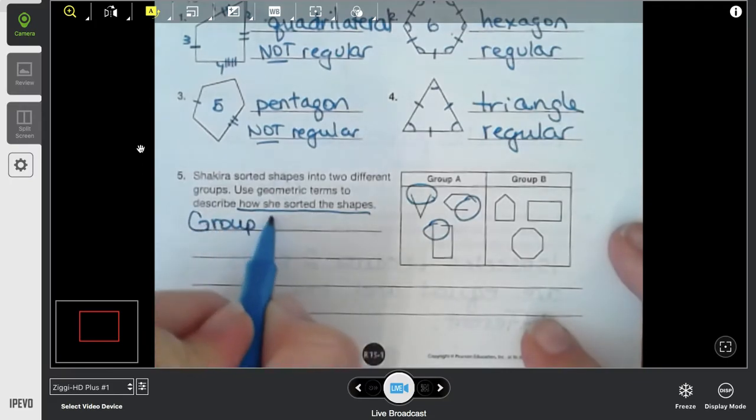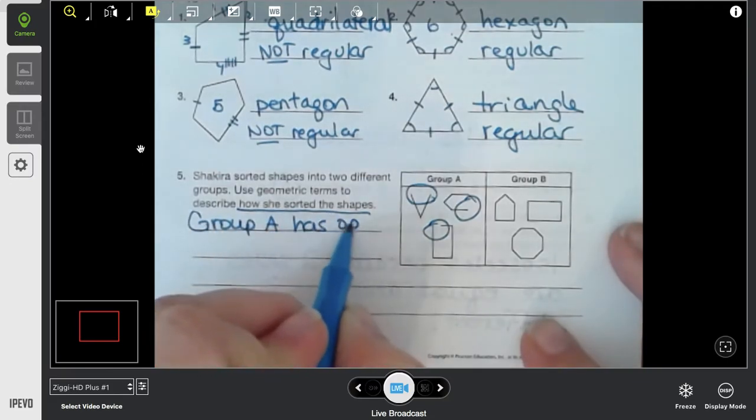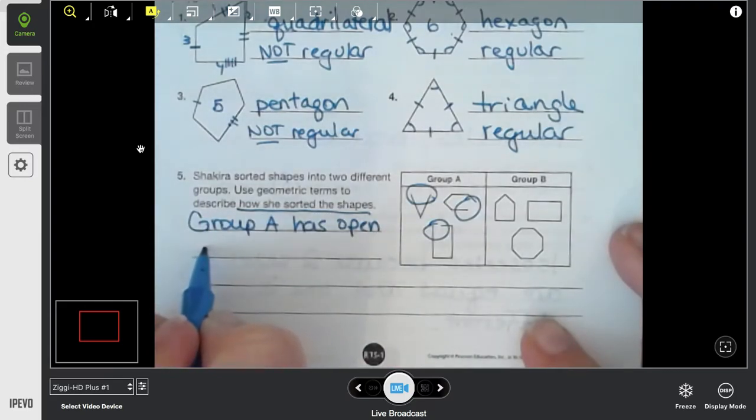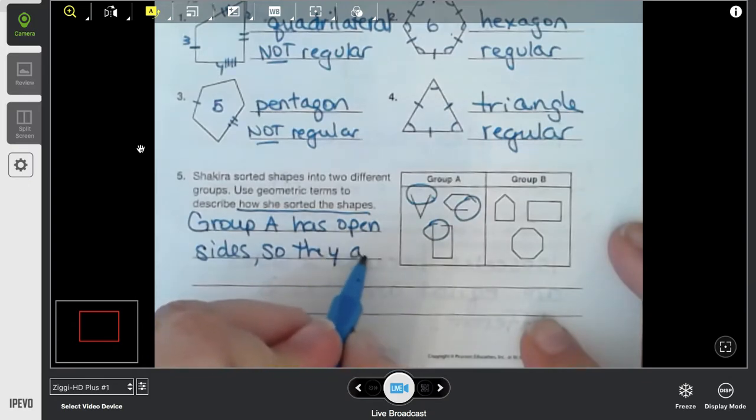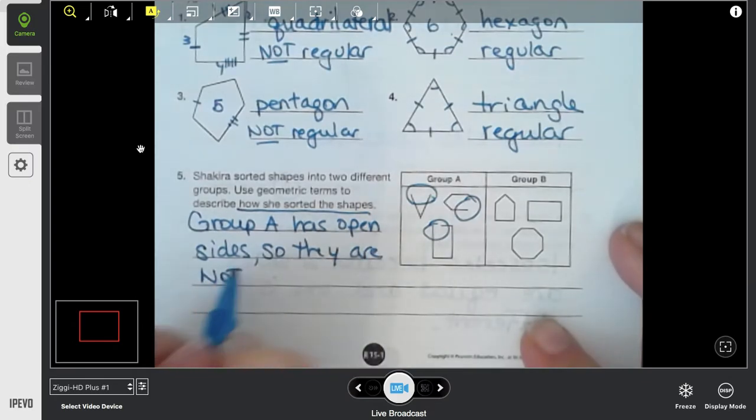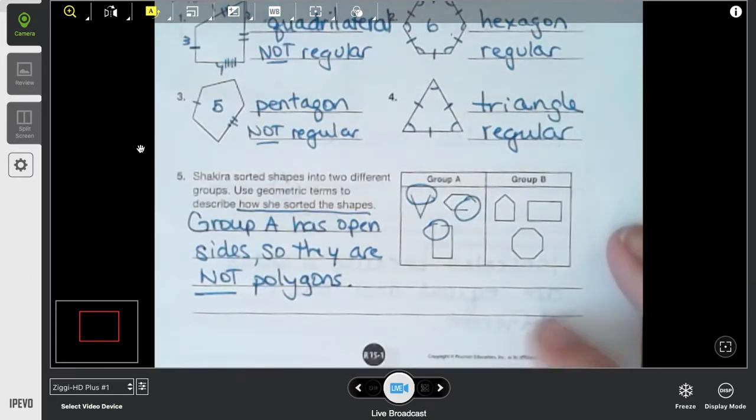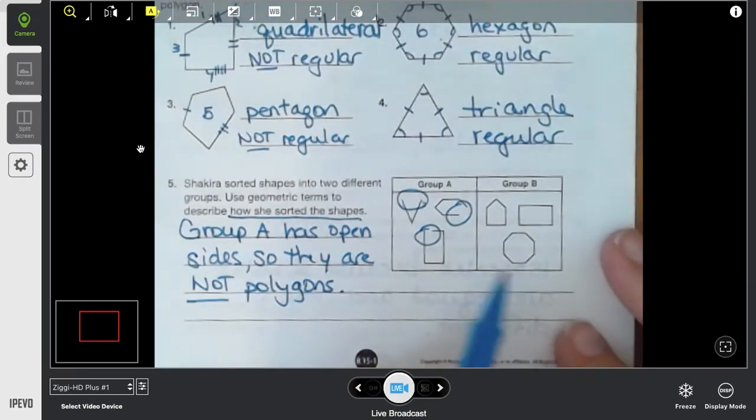So Group A has open sides, so they are not polygons. Group B have closed shapes. They have straight lines, so every one of those is a polygon.